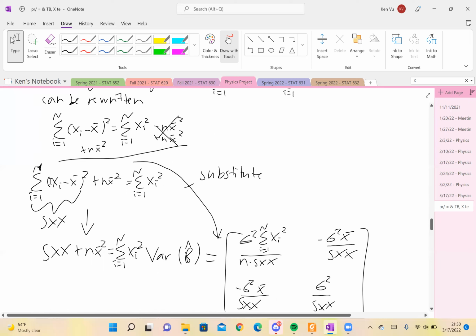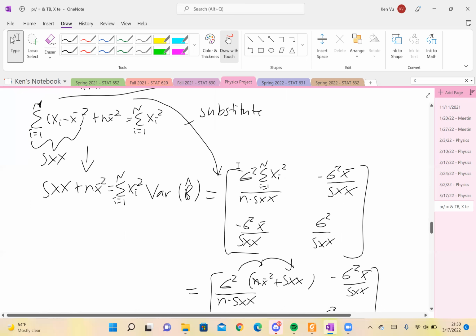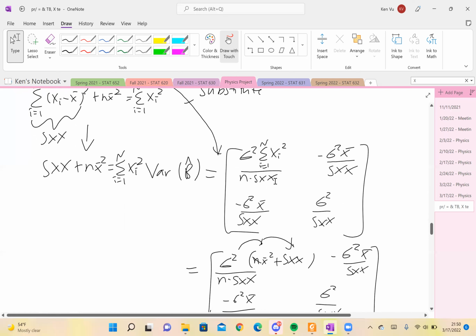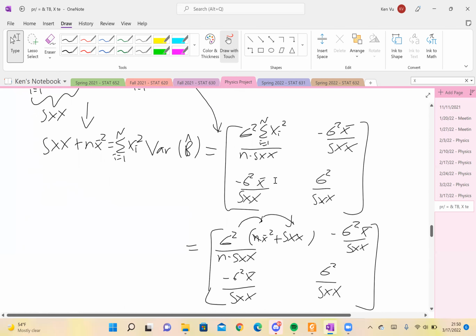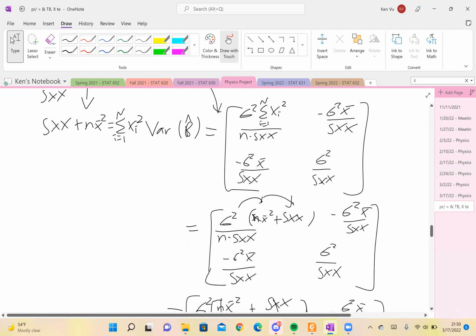Use this definition to substitute for the sum of the squares of the x values, and plug that into the element in the first row, first column, and you'll get this equation here.